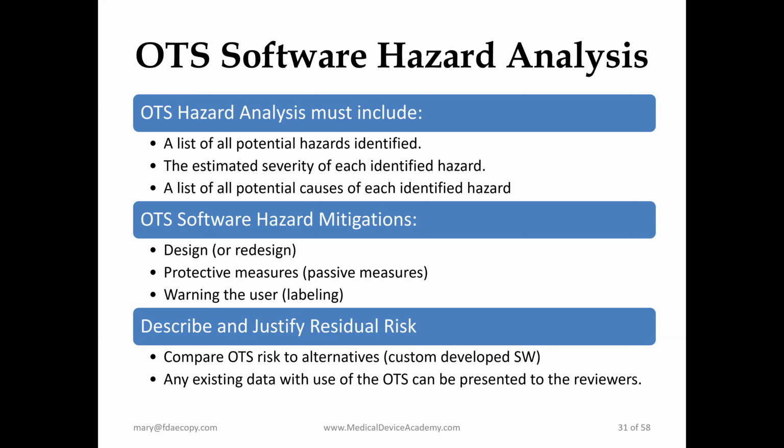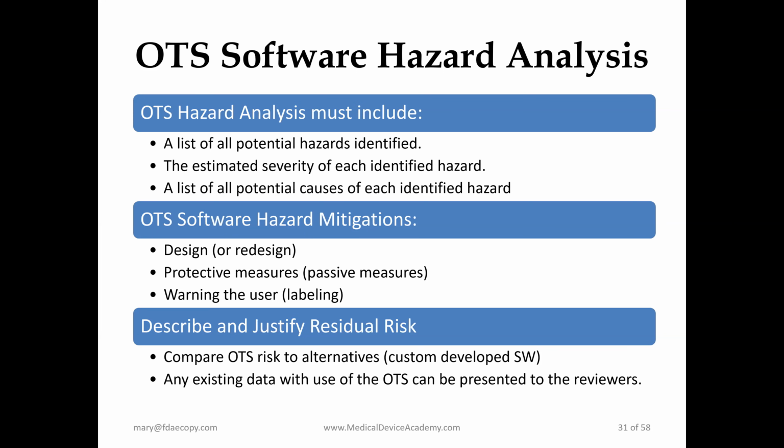And then once you've finished your hazard analysis, identifying all the hazards and mitigations, then as part of the SOUP documentation, you need to compare the risk of using that off-the-shelf software to the alternative of if you developed your own software. So if there would be similar level of risk or more risk in developing your own, then that's reason to use this off-the-shelf software.